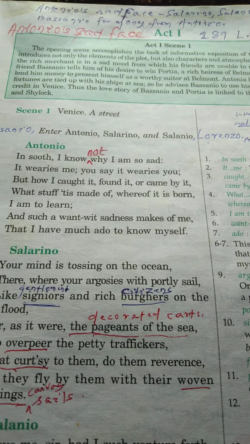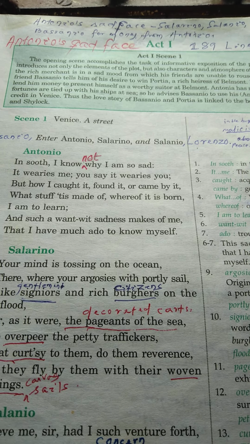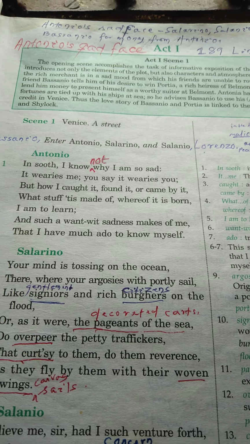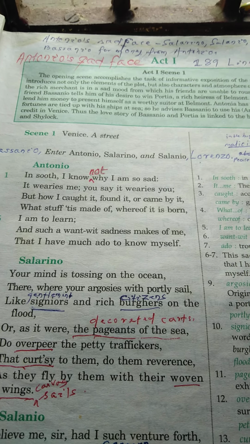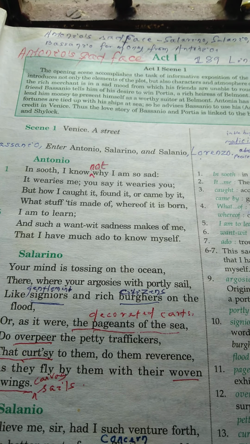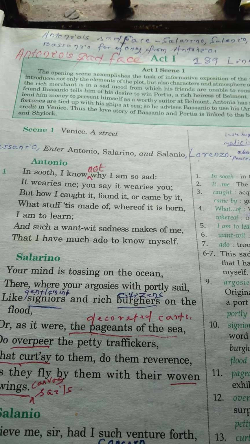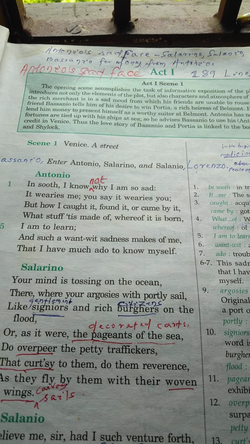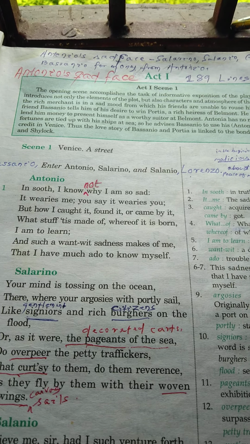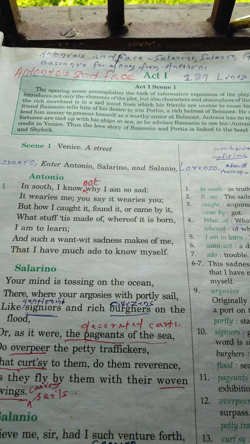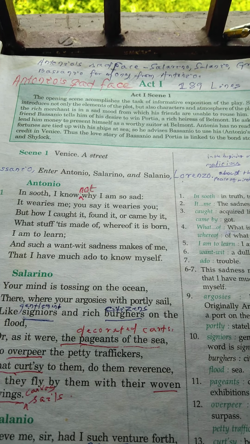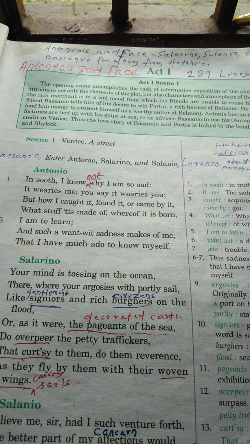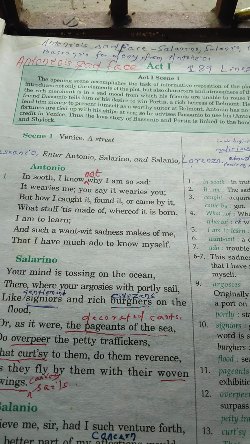Act 1 is divided into 3 scenes. Act 2 is divided into 9 scenes. Act 3 is divided into 5 scenes. Act 4 is divided into 2 scenes.